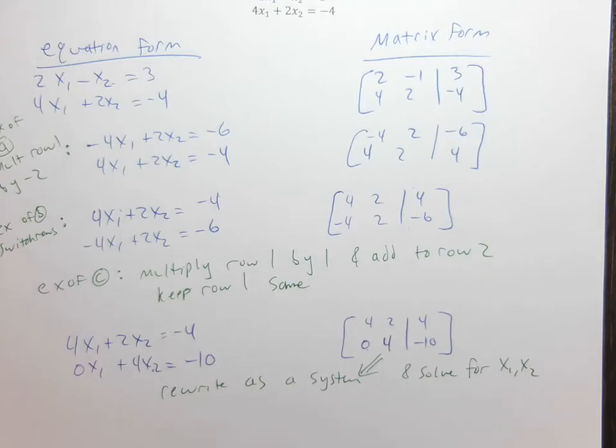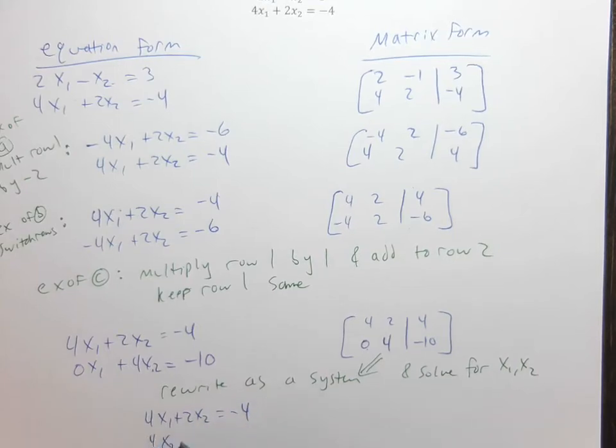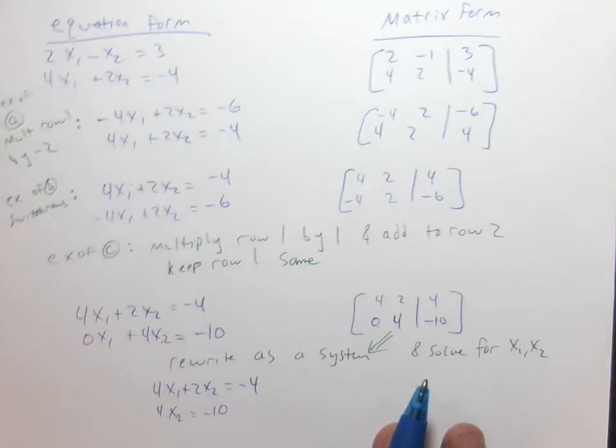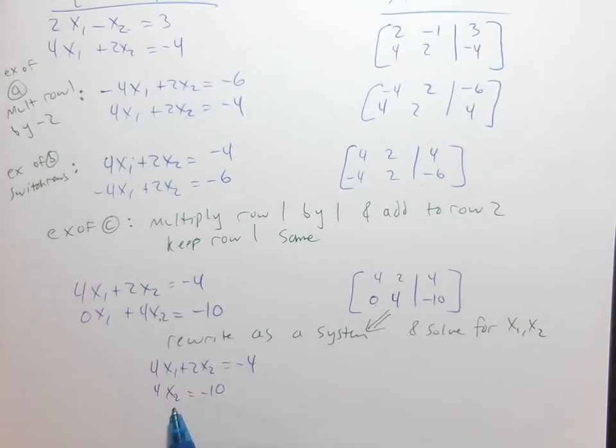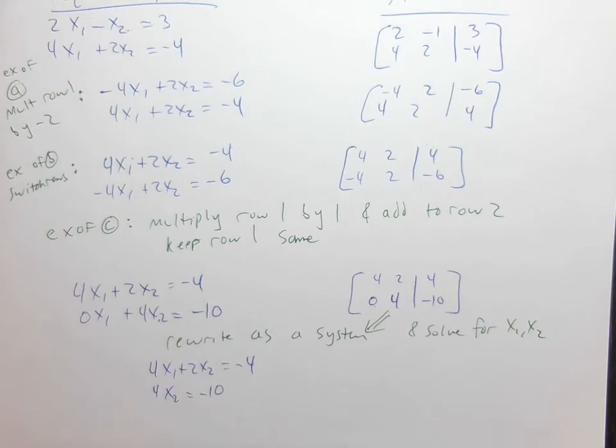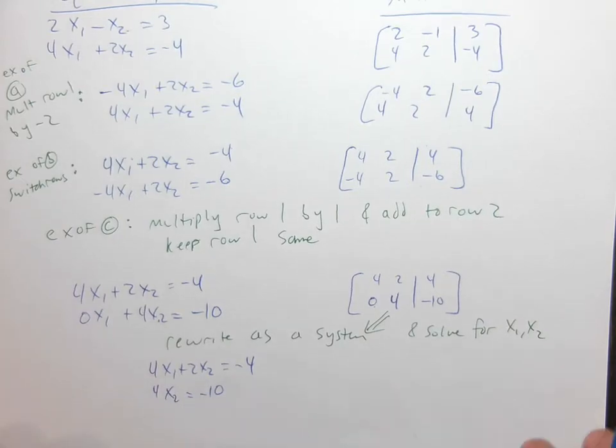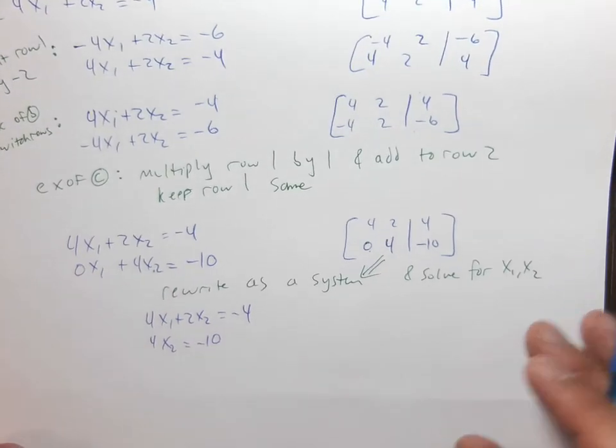So when I rewrite this as a system, it looks like this. Right? It's really easy to get x2 by itself here. You just need to divide by 4, and then you have a solution for x2. And then when you have a solution for x2, you can plug it into the other equation to get a solution for x1, just like we did before.